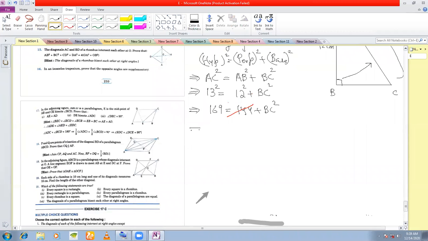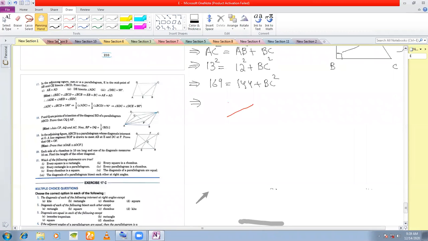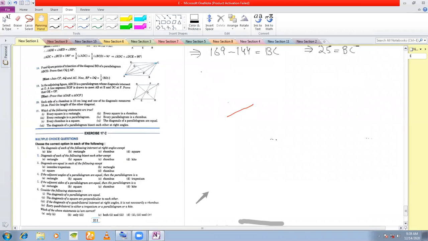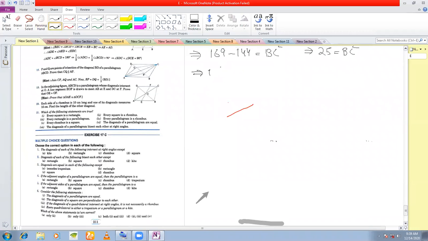That means next step will be 169, you take 144 on the other side. 169 minus 144 must be equal to BC square. That means 25 must be equal to BC square. That means BC square must be equal to 25. That means BC must be equal to square root of 25, which is 5 centimeter.